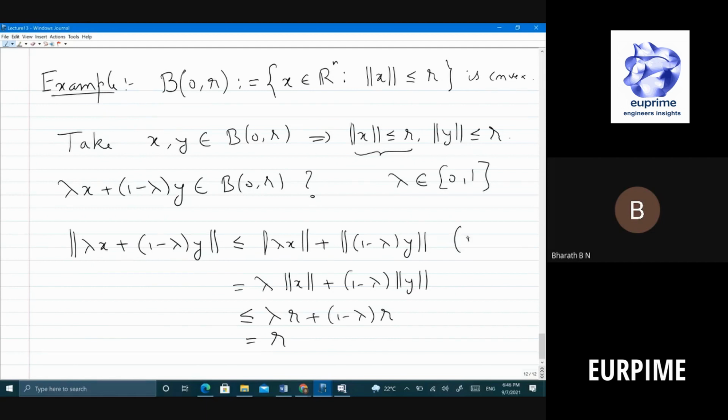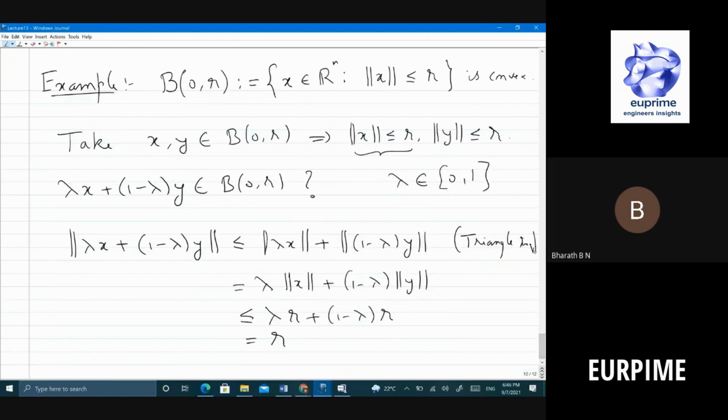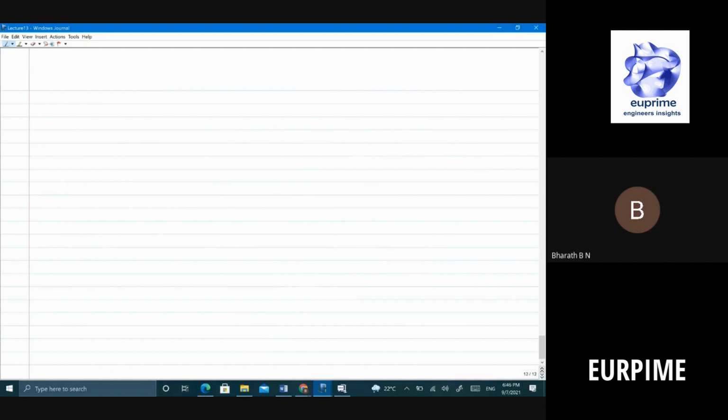So this is the triangle inequality, and this is as usual. So the rest follows. Is that fine? So it doesn't matter which ball you pick, it corresponds to a convex set. Okay.